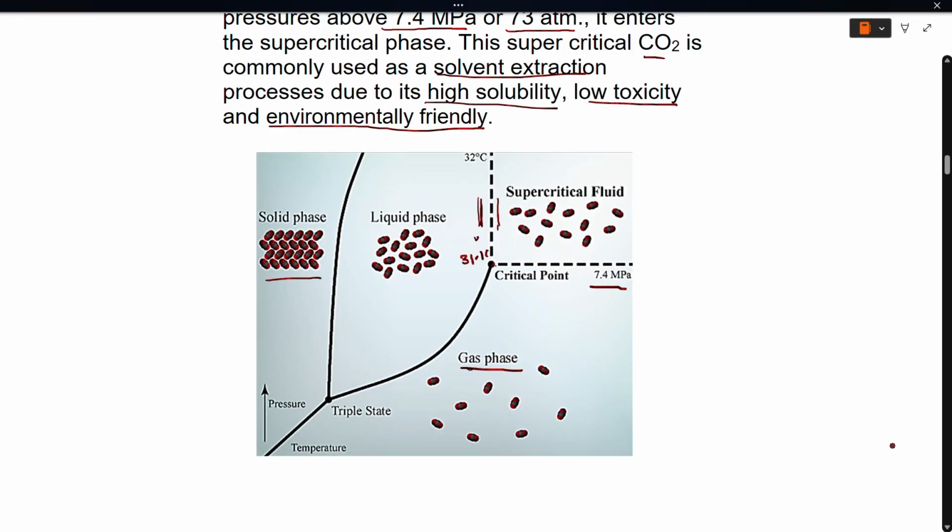The density will be approximately equal to that of the liquid at the critical state, and the supercritical fluid shows properties of a gas like easy diffusion. So this is a diagram of how the molecules are packed in the supercritical fluid.